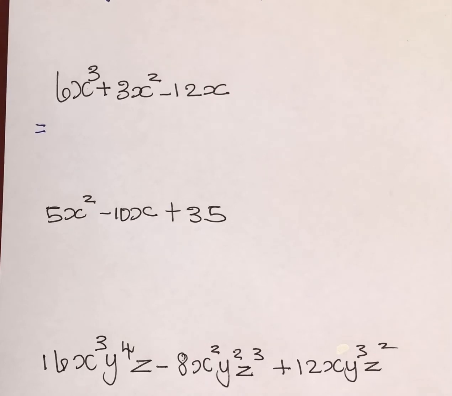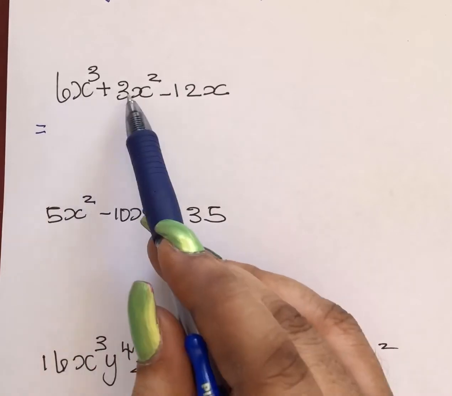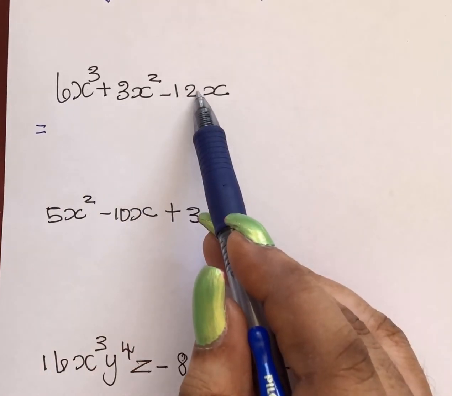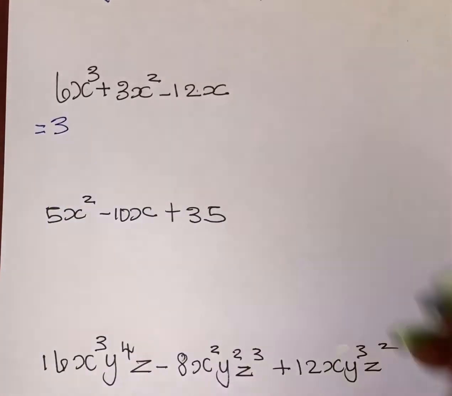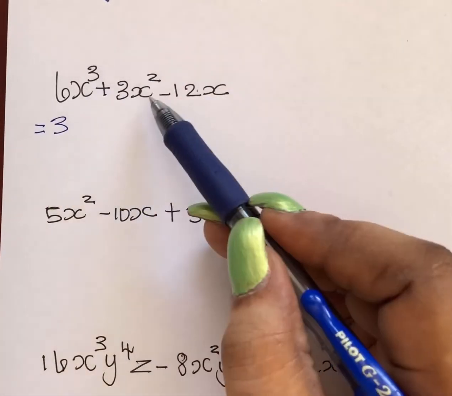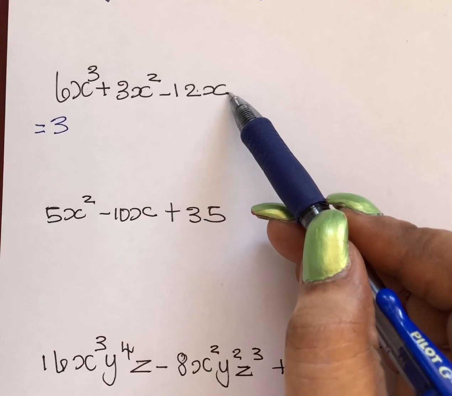Right? So let's move to the next question. What I had emphasized earlier was that we look at the coefficients: 6, 3, and 12. The highest common factor will be 3. We have x to the third, x to the second, and x to the first.